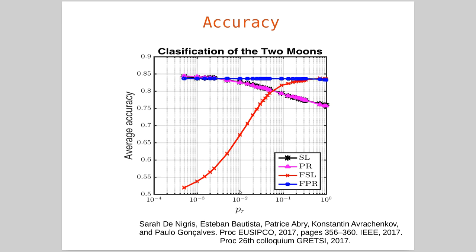So the problem that arises here in high probability regimes is that when this probability is very high, standard methods perform very poorly. And we see it here, the PageRank and the standard Laplacian methods, which are just two variants of semi-supervised learning, have, in this regime of high probability, a very low accuracy.